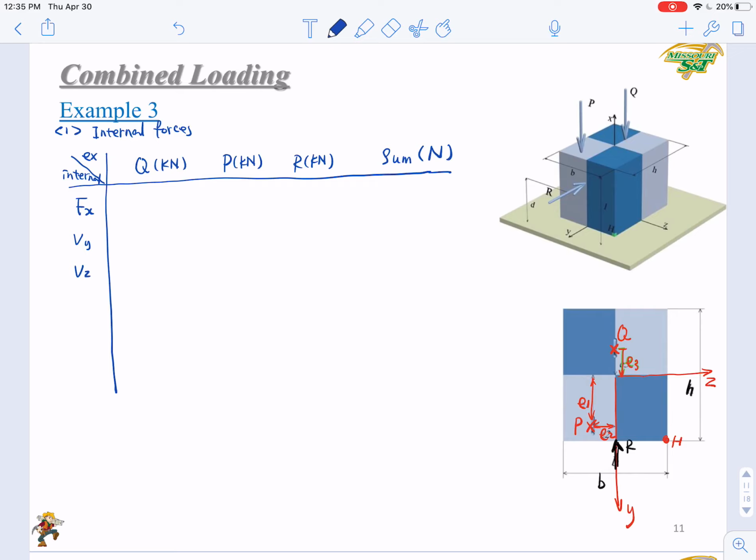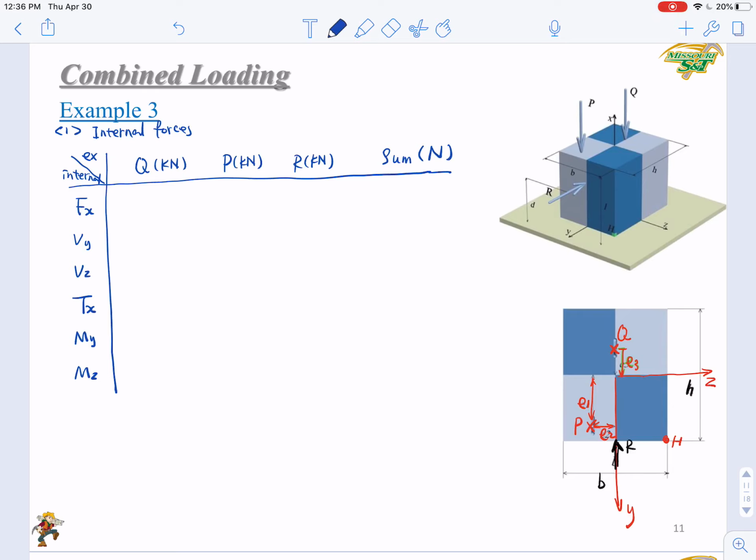Well, if you have a moment about x, about the normal direction, then it will be a torque, right? So it's not a bending moment. If this moment is about x-axis, then it will be a torque, not bending moment, right? So we call it Tx. And if it's about y-axis, then we call it My. If it's about z direction, we call it Mz. Okay. We just have 6 potential components of internal forces.